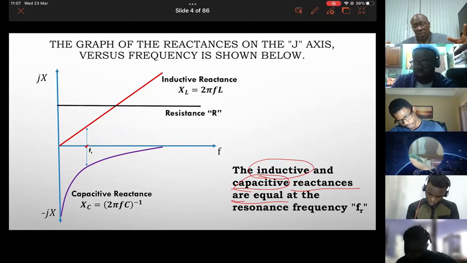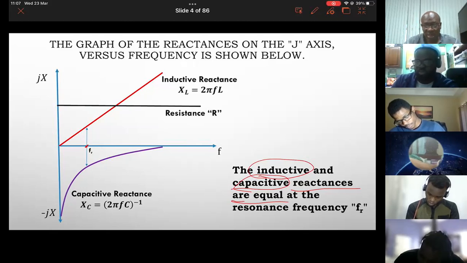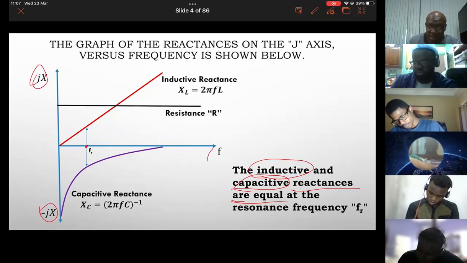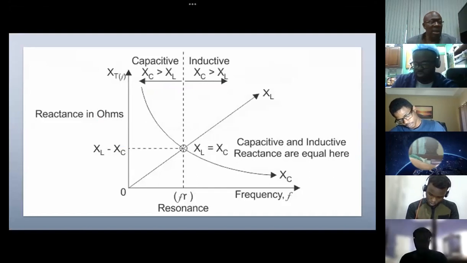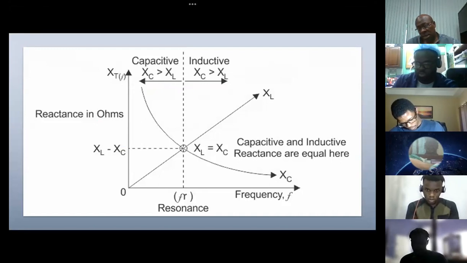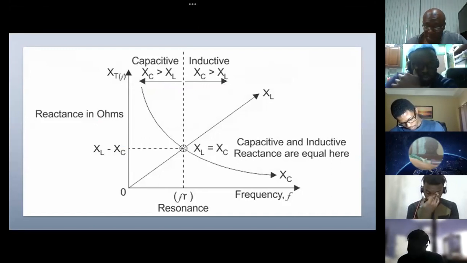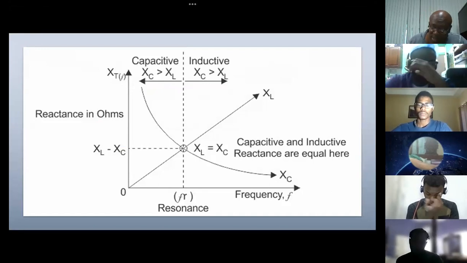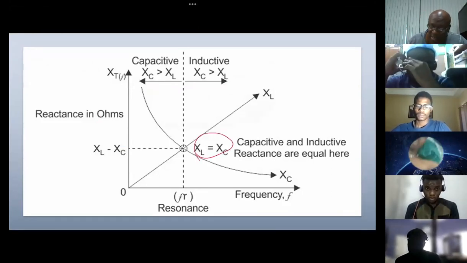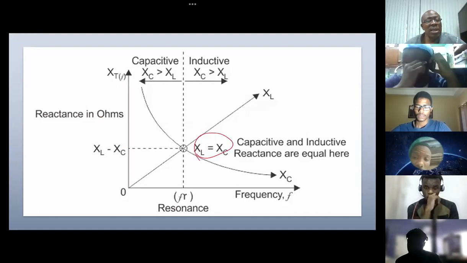So if we look at this in terms of the reactances combined on the same set of axes, here I am showing it on the minus j and j, and of course on the real axis, which is your frequency. But if I put those now just on a reactive component versus frequency, the resonant frequency occurs, and that is where XL is equal to XC.